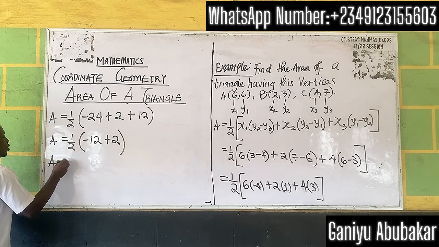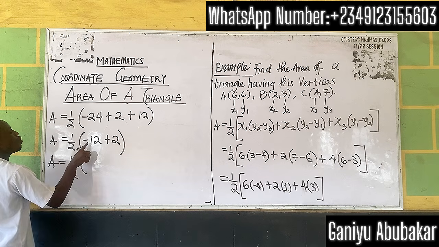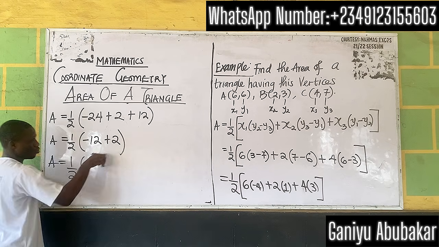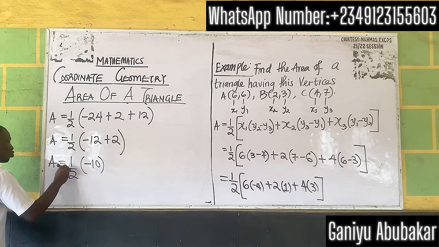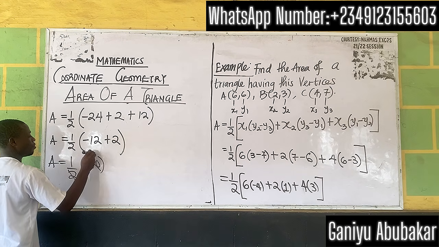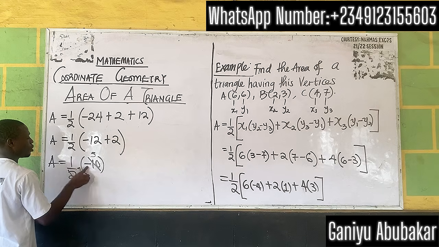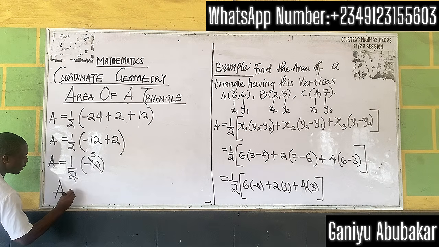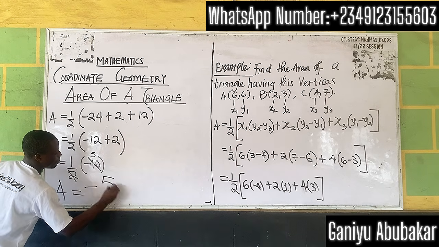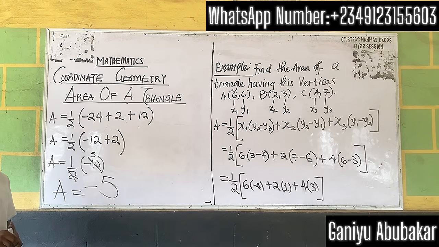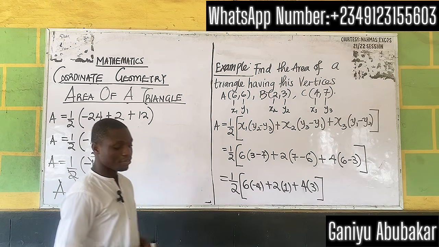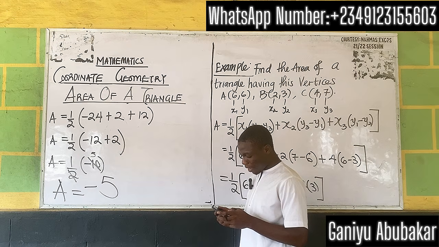Now, area is equal to 1 over 2 into minus 12 plus 2. That gives you minus 10. So 2 here 1, 2 here 5. 1 times minus 5 gives you that the area is equal to negative 5. Right? I think negative 5. Yes, negative 5.